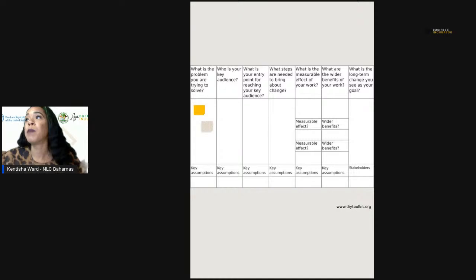Also, what is the measurable effect of your work? What are the wider benefits of your work? What is the long-term change you see as your goal? And even as simple as the business may be, you have wider benefits of your work and of your business. For myself, I started my business with just a simple popsicle company, cup and baggy, and we all know about it. And since the beginning, I always looked at the impact of my business.